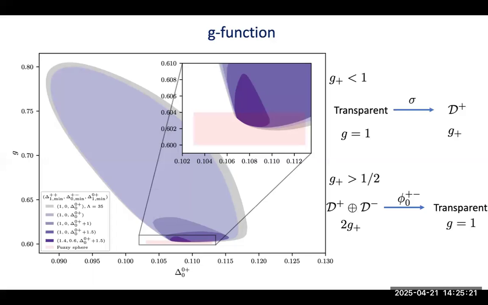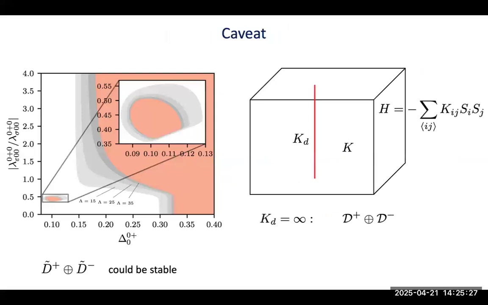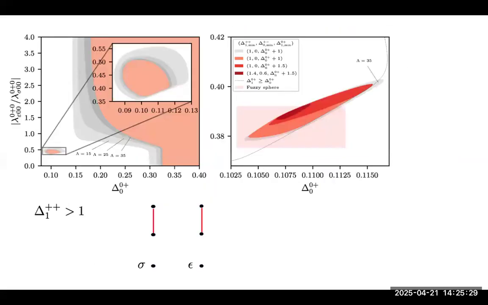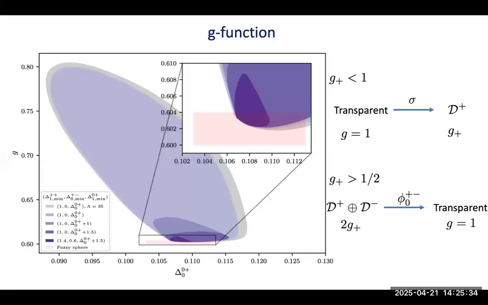And then if you crank up the assumptions the same way that we did here, but still quite conservative, you can shrink this blue egg to this little nugget, dark blue nugget, and pink is the fuzzy sphere box. So okay, we again can beat fuzzy sphere.